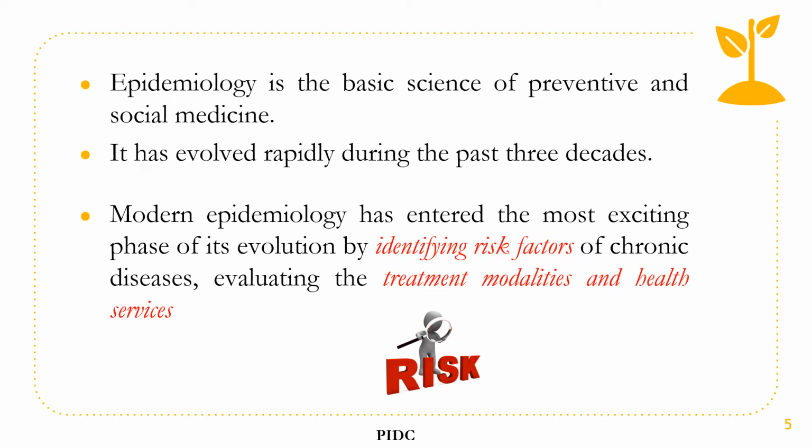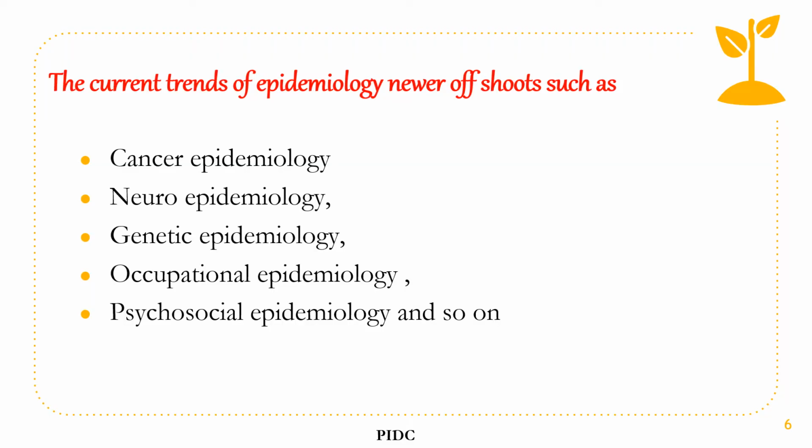So this is the main aim of any epidemiology. Prevention is the main aim, but you have to identify the risk factors. The current trends of epidemiology include newer offshoots such as cancer epidemiology, neuroepidemiology, genetic epidemiology, occupational epidemiology, or psychosocial epidemiology.